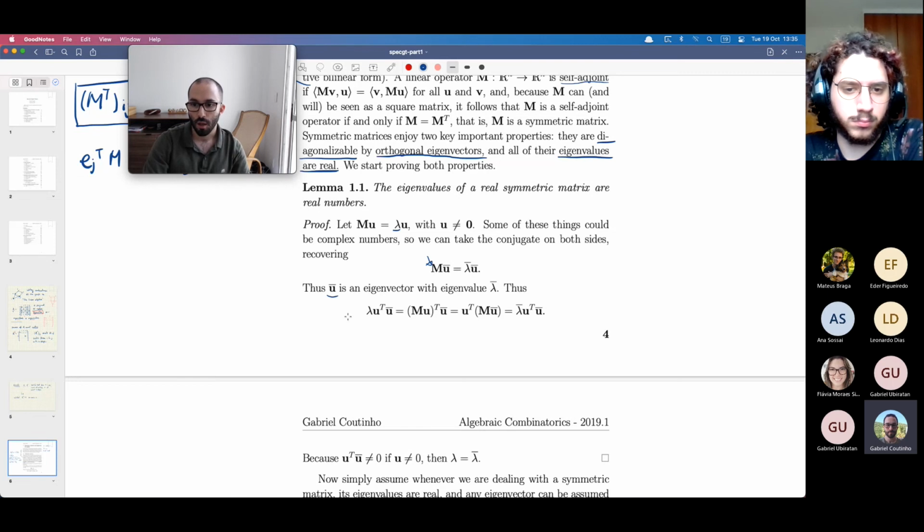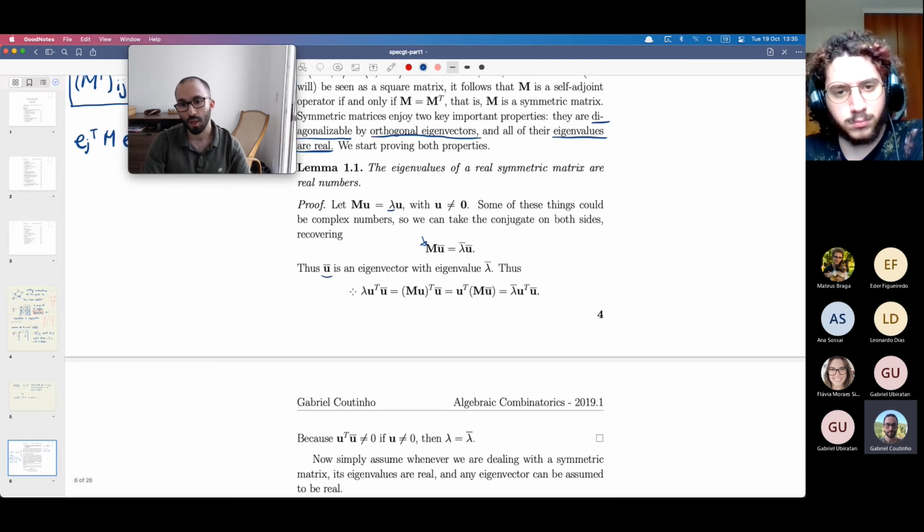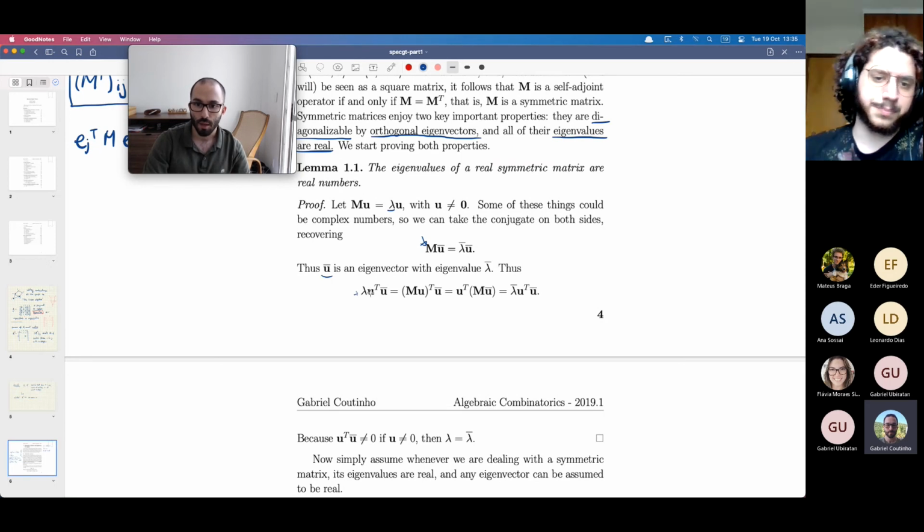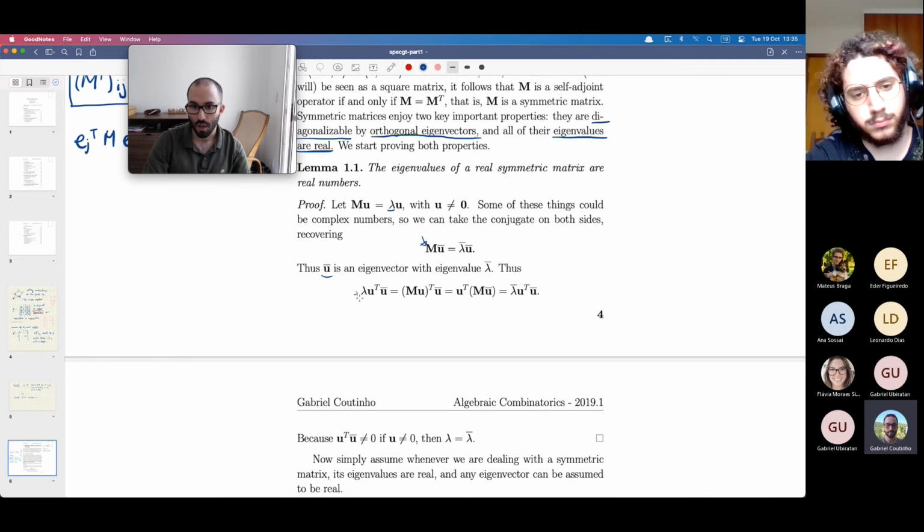Therefore, what can I see here? I'm taking lambda and multiplying lambda by u transpose u conjugate. The first thing here now is M u, so u transpose lambda u is M u, so this is transpose. Transposition does not change the eigenvalue, so this is exactly equal to this.